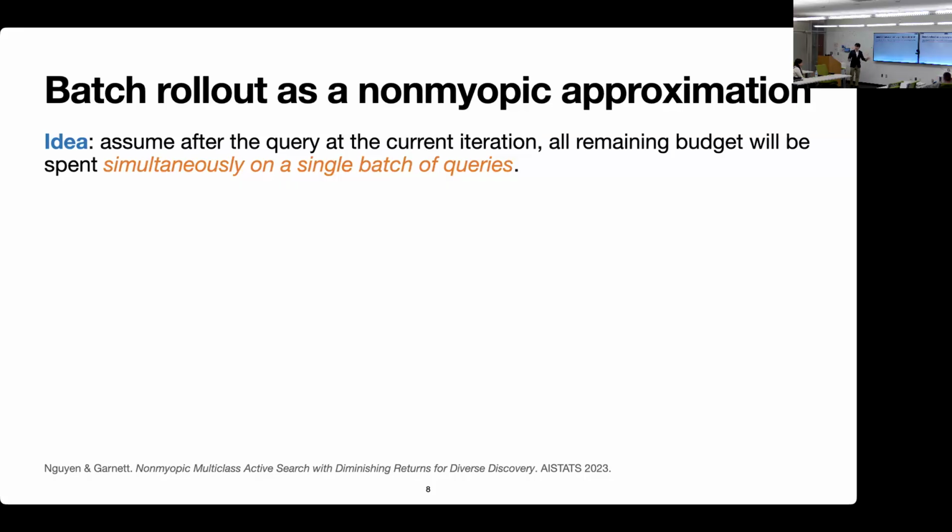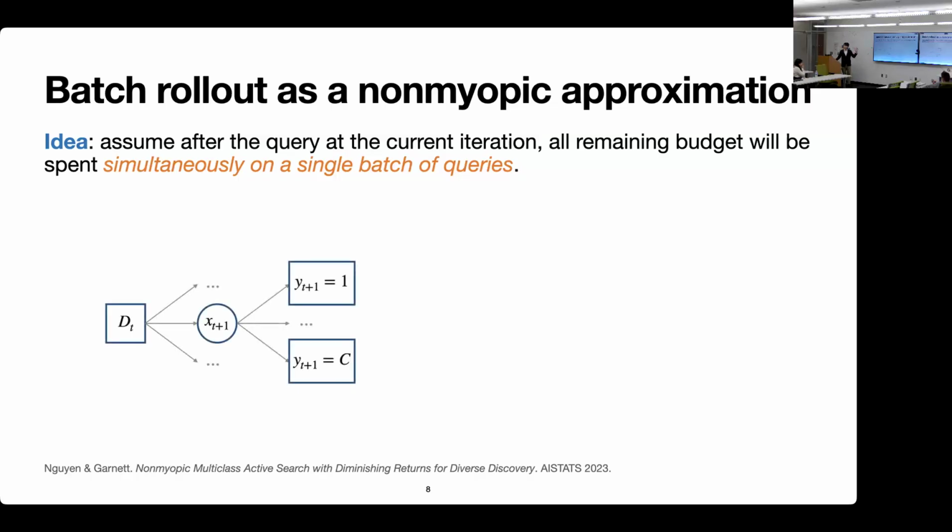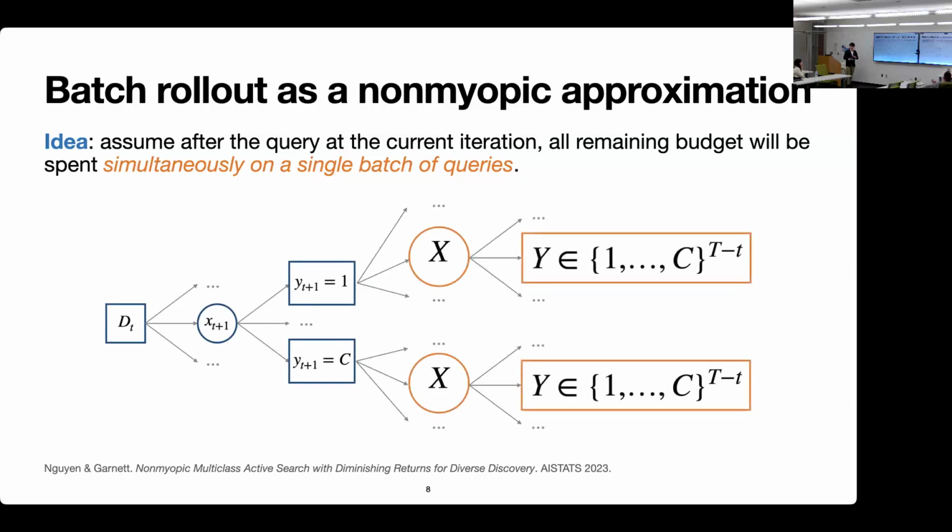The idea of this heuristic is that instead of iterating over the remaining decision-making horizon one step at a time, we assume that all future steps are taken simultaneously in one go. So all future decisions are made at the same time. This means that all future layers in your search tree are concatenated into one big layer. So after this current iteration, all future decisions are made simultaneously in a batch of queries.